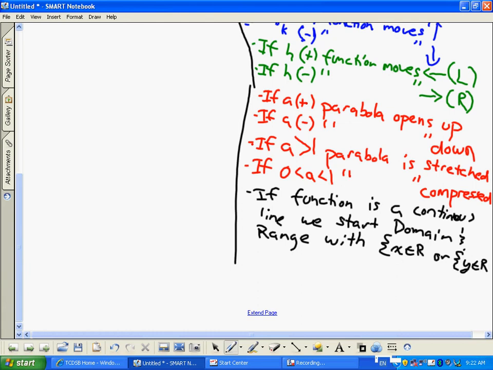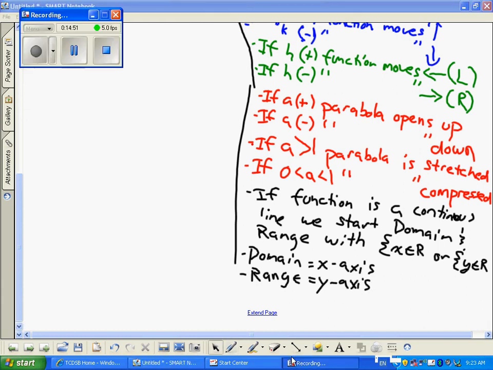Actually, more importantly, which we didn't touch on, what does domain mean, or what does it refer to, and what does range refer to? John? Yes. Domain, x-axis, yep, and range equals y-axis. Okay?